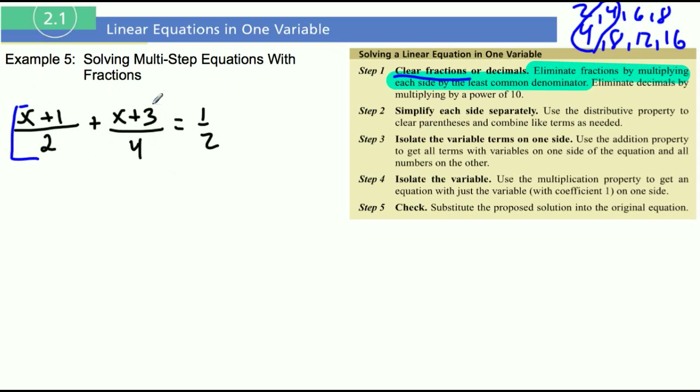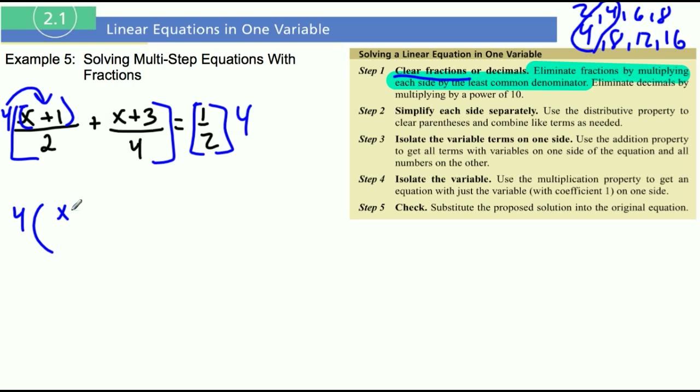Okay, so I'm multiplying the entire left side by 4 and the entire right side by 4. Since I'm multiplying this entire thing by 4, I have to do the distributive property. 4 times x plus 1 all over 2. So I'm going to multiply 4 times this whole thing, plus I'm going to multiply 4 by this whole thing, 4 times x plus 3 all over 4.